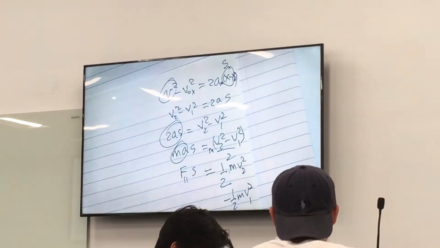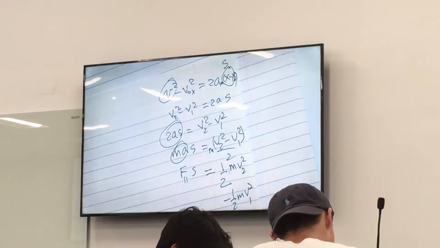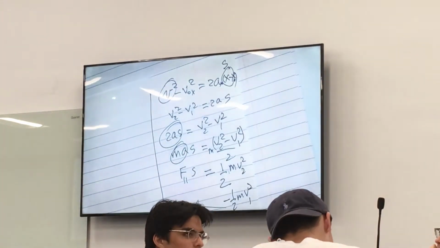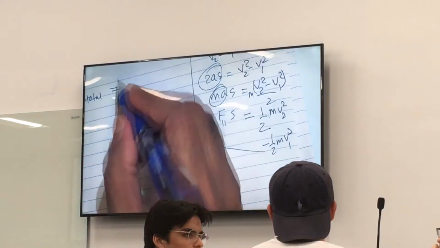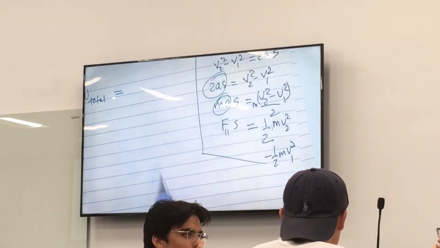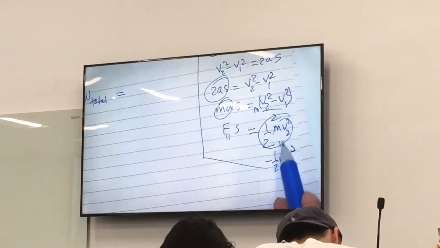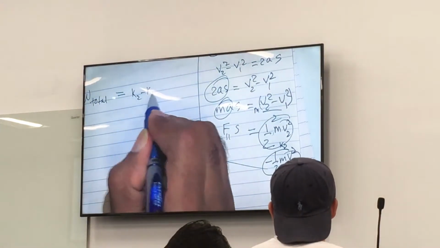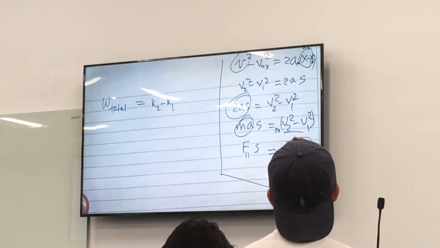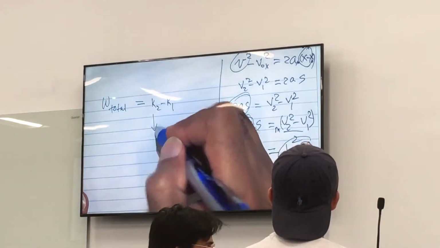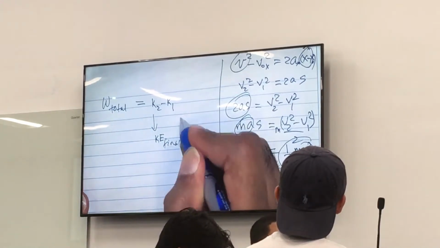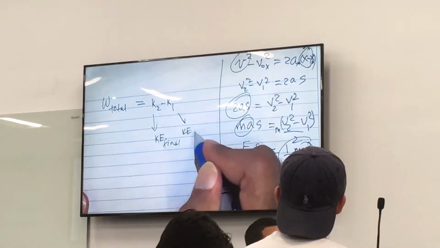Very quickly, going back to how this work energy theorem was derived. You don't need to know how to derive this, I think, but you just need to know how to use it. We call this K2, and we call this K1. So it's K2 minus K1. K is called the kinetic energy, the final kinetic energy, KE final, and this is KE initial.